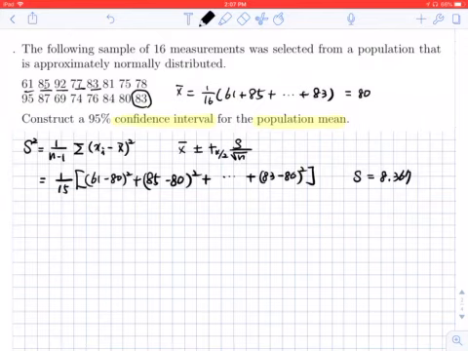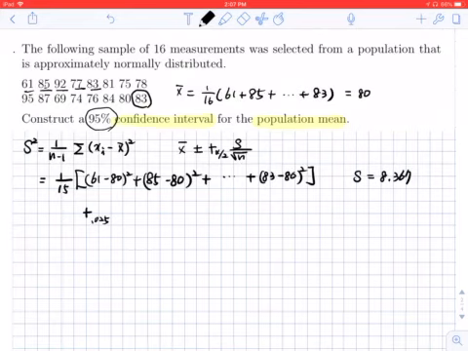And we need a t-value too, right? In this case, it is a 95% confidence interval, so we need 0.025, which is alpha of 5% divided by 2, for building a confidence interval.